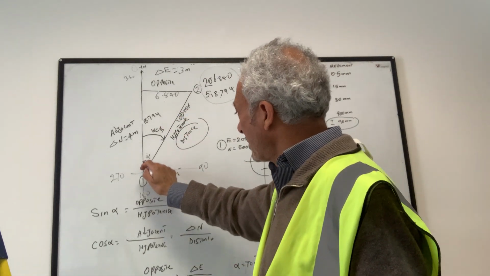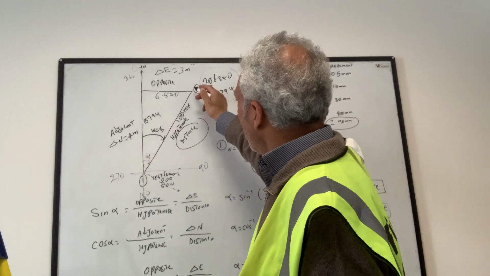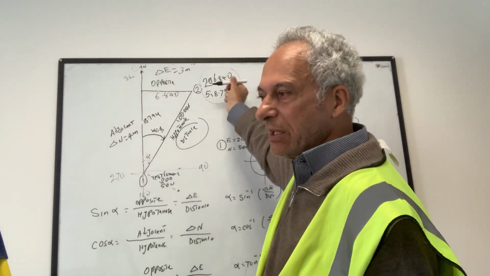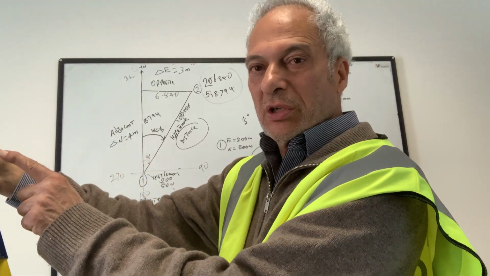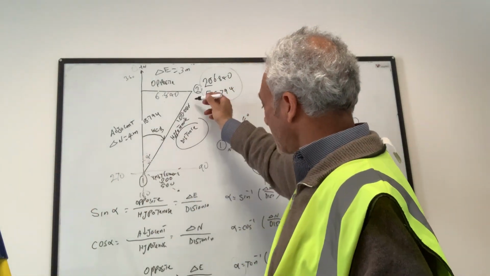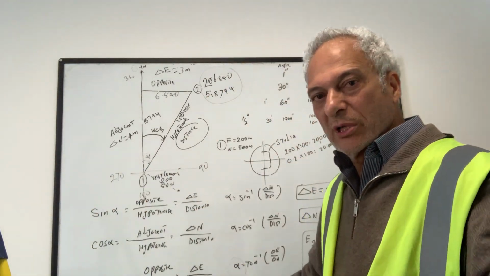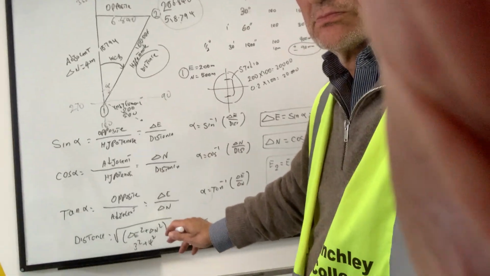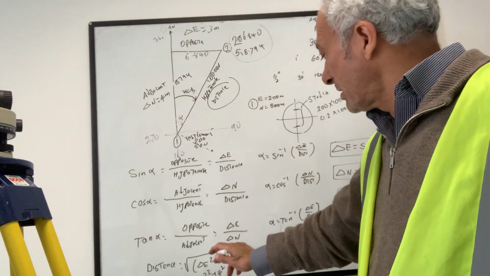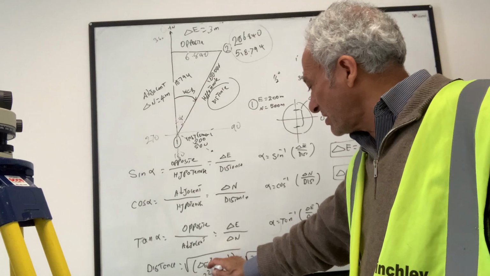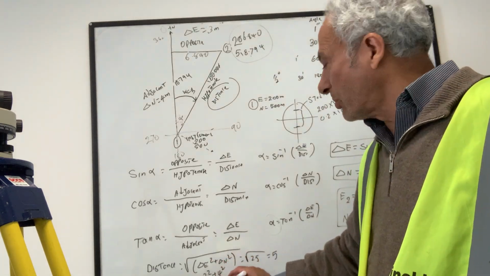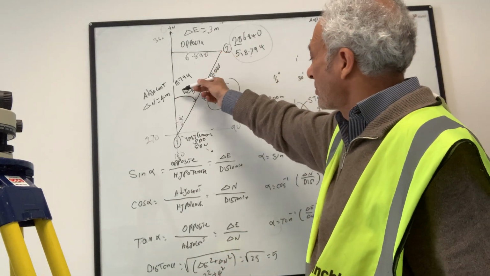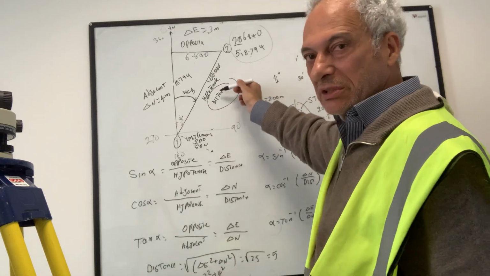So I can calculate what the angle should be if I want this coordinate, and then I can simply turn it to that angle. I can calculate distance using the distance formula. The distance is the difference in easting squared plus the difference in northing squared, then the square root. So if I square that and square that, then take the square root, I can calculate the distance.